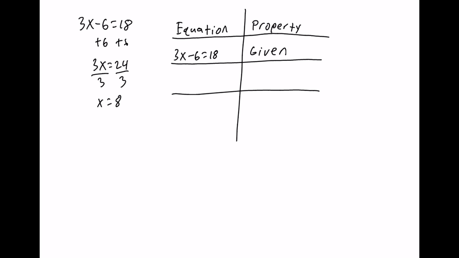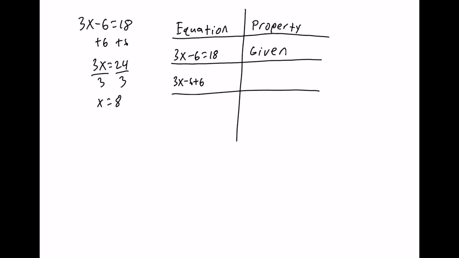Then we have a minus 6 here, so we need to get rid of that, so we add 6 to both sides. Instead of putting it underneath like we did there, what's actually happening is you're putting it inside the equation on both sides of the equal sign. So you're taking your 3x minus 6 and adding 6 to both sides.